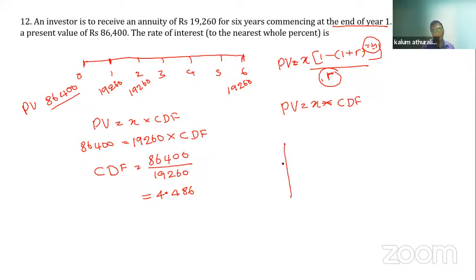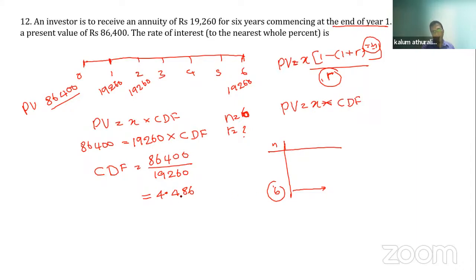Now what we'll do: the N is 6. We don't know what the R is. Then we select the 6th row of the CDF table.